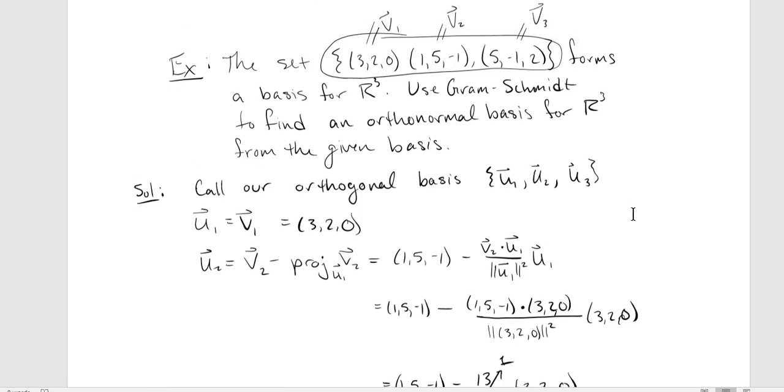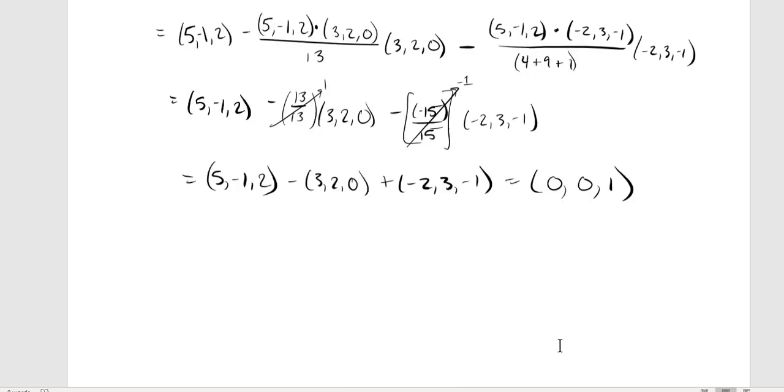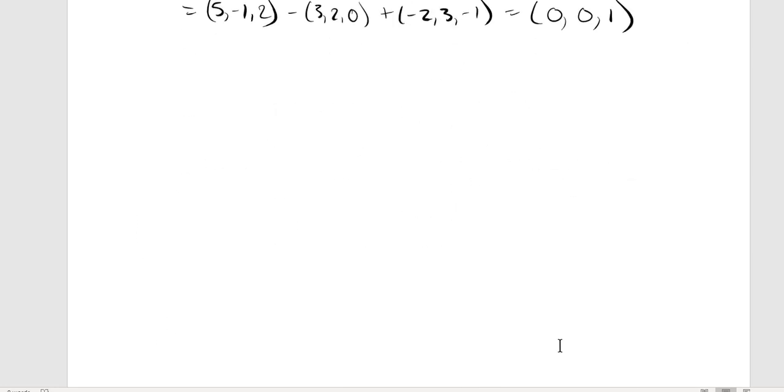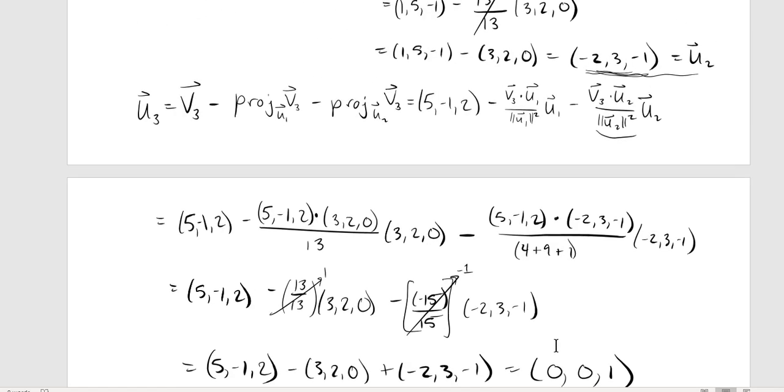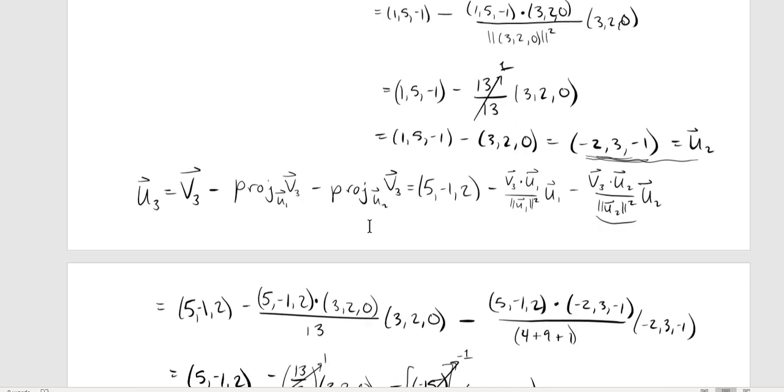So now if we want to finish up, right, we have our set of orthogonal basis vectors. It's this basis: U1, which is 3, 2, 0.